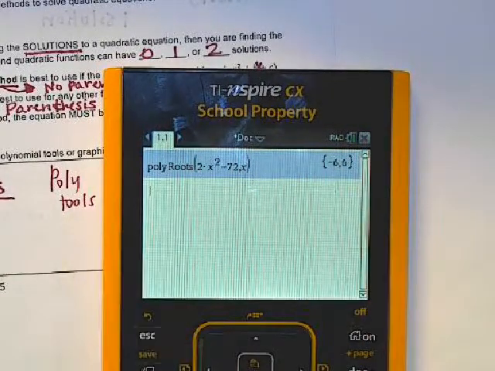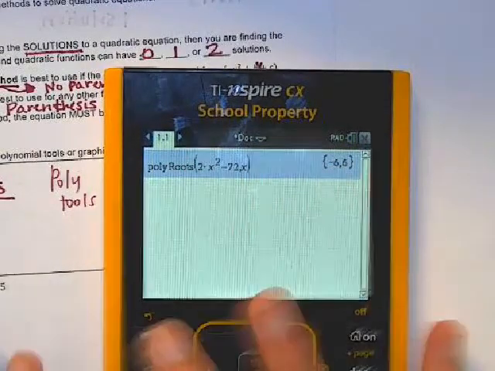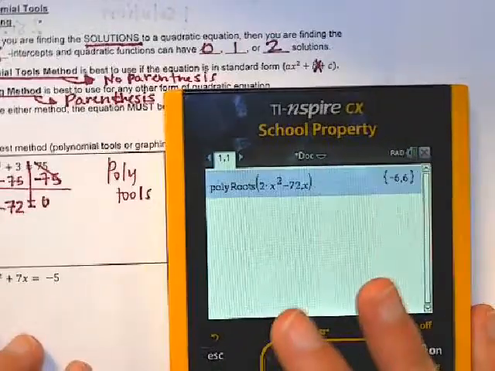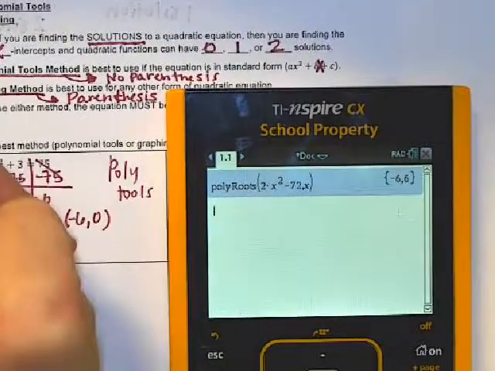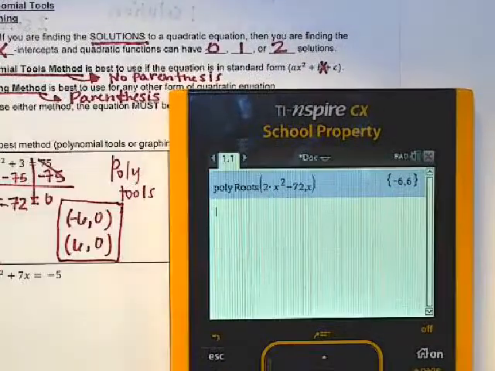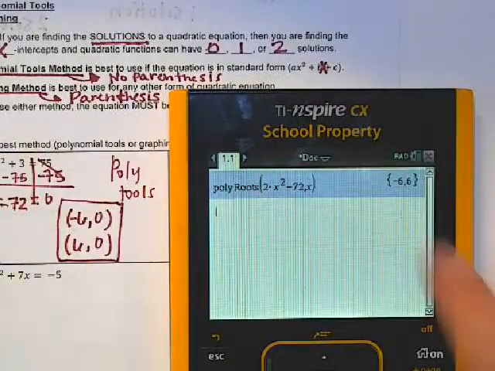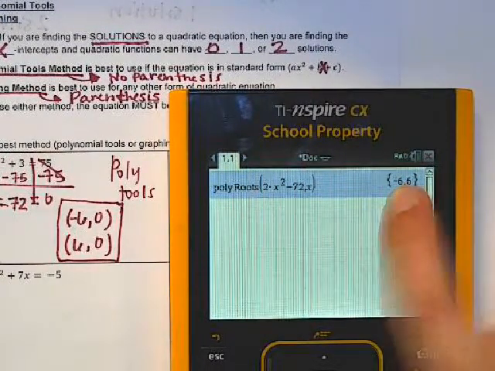It's a list of our x-intercepts. Instead of writing two separate ordered pairs, it writes it like this to save room. So right here, my x-intercepts are negative 6, 0, and positive 6, 0. Okay, it's a list of my x-intercepts. It's not an ordered pair. Everybody understand that? Yes. Okay.